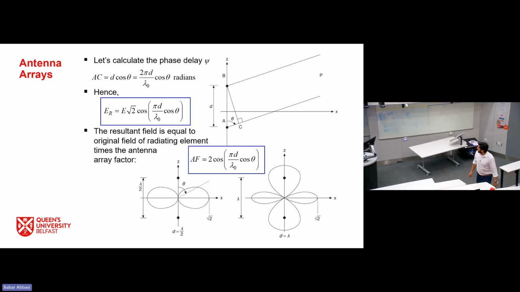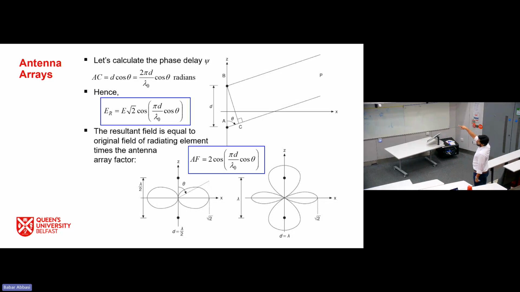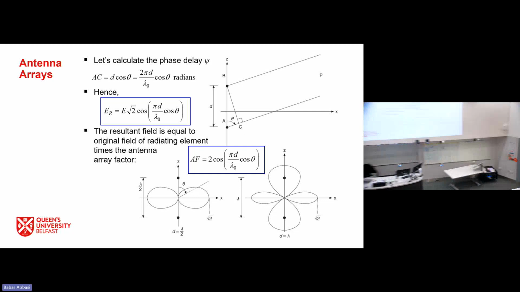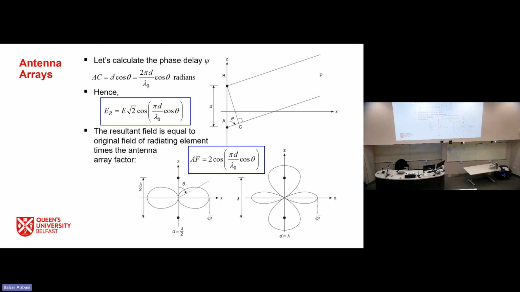So the expression goes something like this. Simple trigonometric identity. AC, A is the place of the first antenna, B is the place of the second antenna, and C is a point where both path lengths are the same. So my AC is equal to D cos theta. D is the distance between the two antennas. If I have D cos theta, it's basically in degrees.